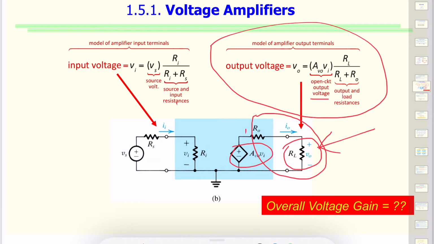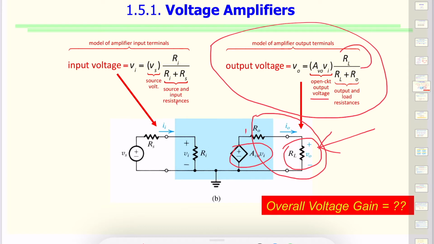Now, in order to not lose gain in coupling the amplifier output to the load RL, R0 has to have a simple relationship where we want R0 to be much smaller than RL.